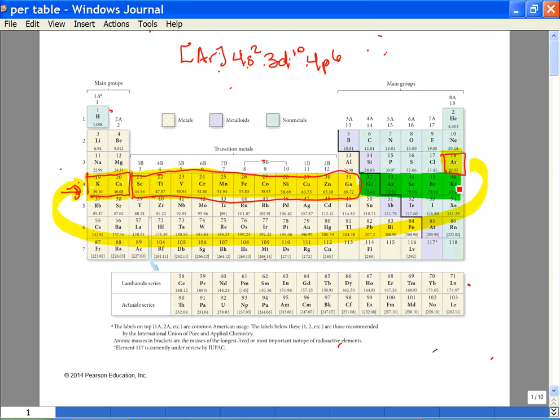And then if there's 6 in the 4p6. Oh, I'm sorry, my vision just caught up with me here. Let me count backwards. All right, so that's the D block right there.